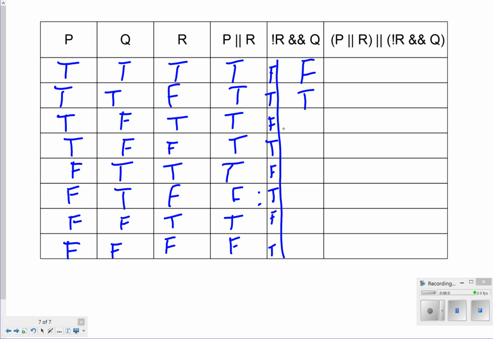That's the not R. Now I'm applying that with an and to Q. So true and false, true and true, false and false, false and true, true and false, true and true, false and false, false and true.